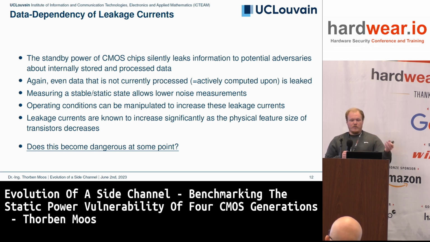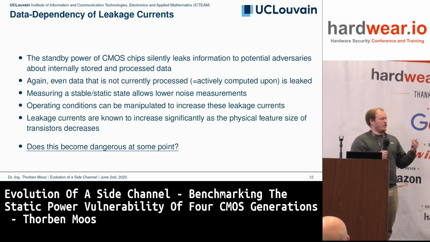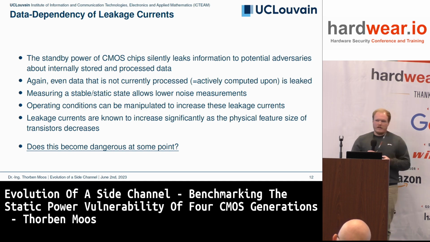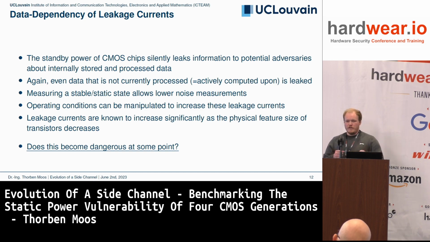And finally, as you have seen in the figure before, the leakage currents are known to increase significantly as the feature size of transistors decreases. So this is actually a side channel that becomes more dangerous in newer technologies, which is definitely not what we want to have, as crypto designers would say.